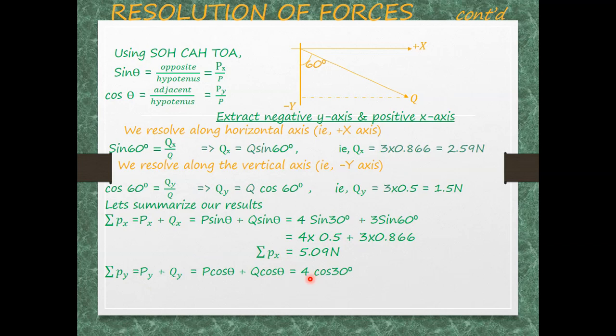So here we're having 4 cos 30 degrees plus minus 3 cos 60 degrees. Of course, you understand why this is minus, because if you look at here, this is a negative axis, so that's why we're having minus. And if we multiply, the summation of Py will give us the result of this one, subtract from this one, which is 1.96 Newton.